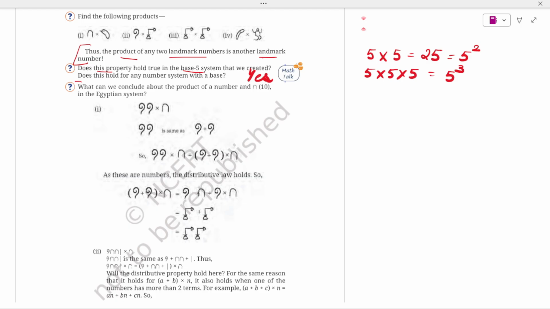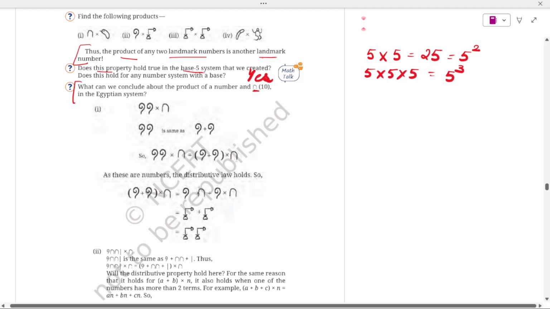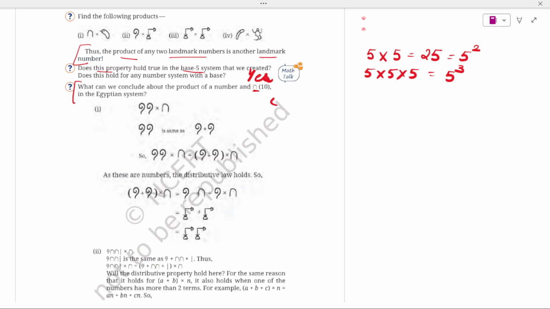So what can we conclude about the product of a number and this in the Egyptian system? They are now saying something new to us. See, this symbol is of 100, and this symbol is of 10, right?